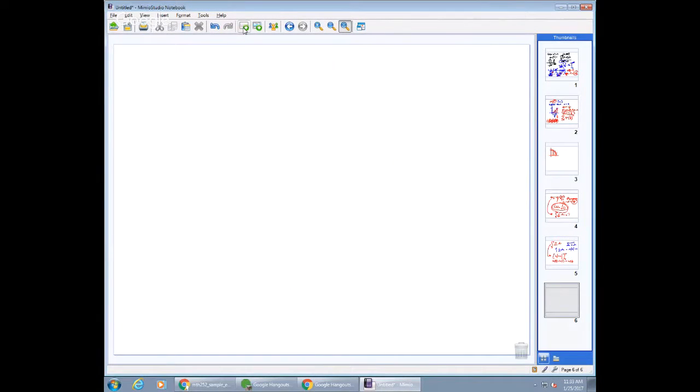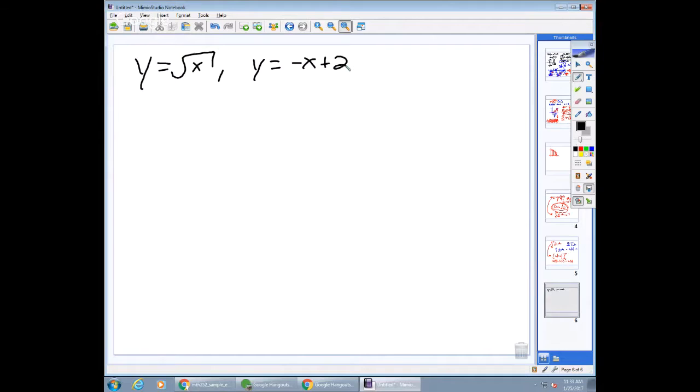All right, my colors are missing as usual. Let's go black. So we've got y equals the square root of x, y equals negative x plus 2, and y equals 0. A graphing utility would be the quickest thing to do on a test, right? And then maybe make a sketch on paper.